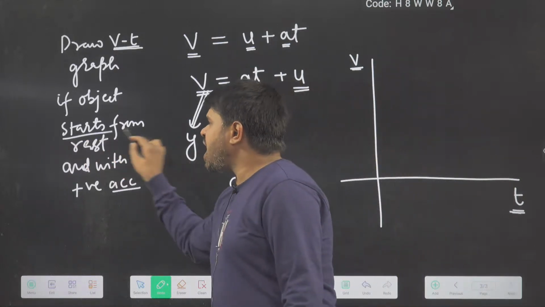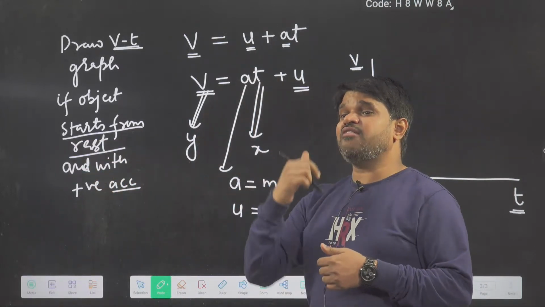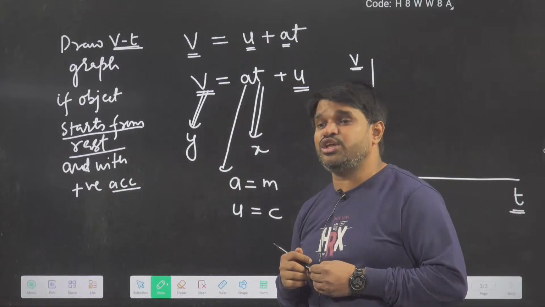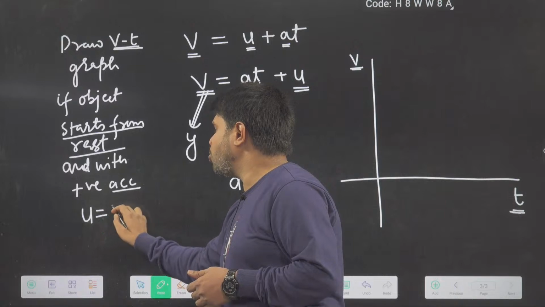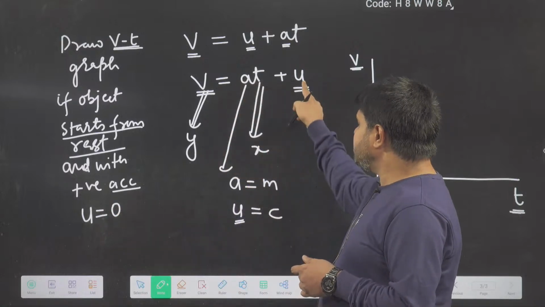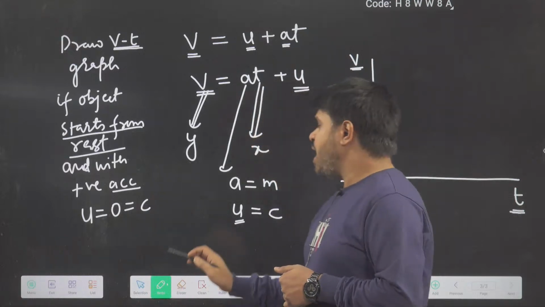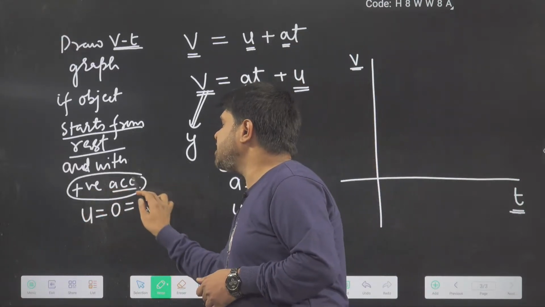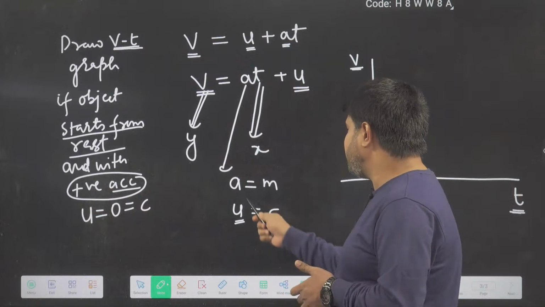If you are starting from rest, in the very beginning your velocity is 0. So initial velocity u is 0, and u is playing the role of C, so C is 0. And acceleration should be positive.